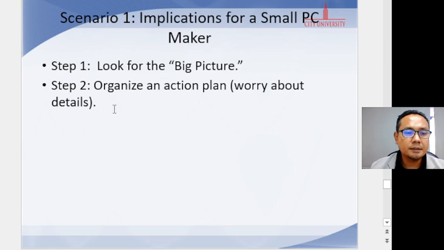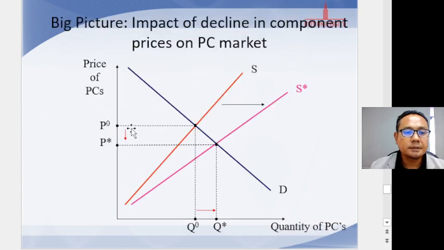In scenario 1, in step 1 we first look for the big picture, and then in the second step we organize an action plan and worry about detail. From the big picture, you can see the impact of a decline in component prices on the PC market, from P0 to P star.